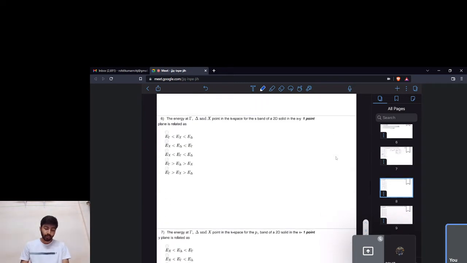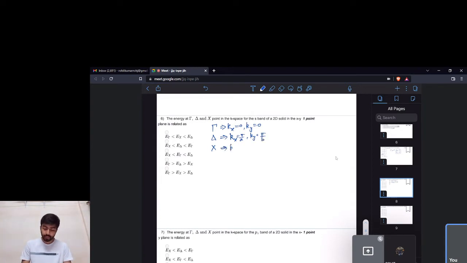The energy at gamma, delta and X point in k space for the s band of a two-dimensional solid in the xy plane is rated as. Now first, let me tell what the gamma, delta and X points mean. Gamma point, as we have seen in the above question, is kx equal to 0, ky equal to 0. A delta point is the one where we have kx equal to pi by a and ky equal to pi by b, if a and b are not the same.